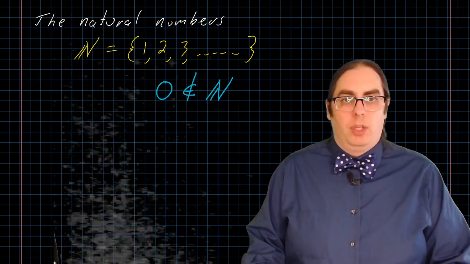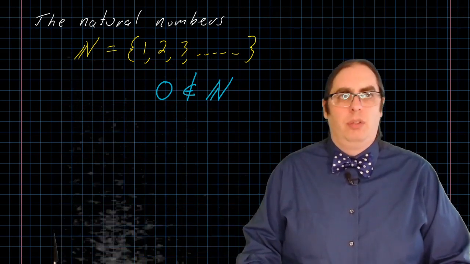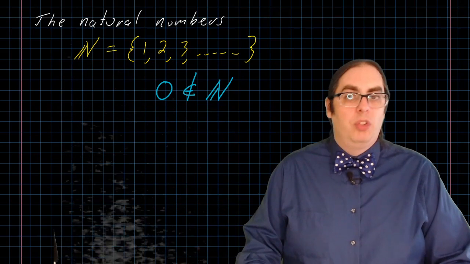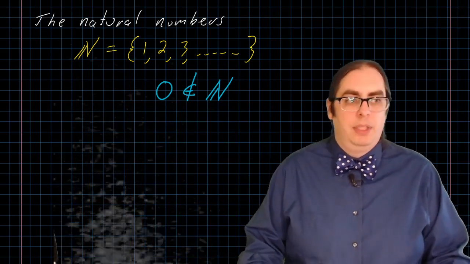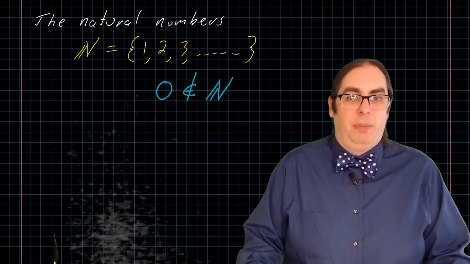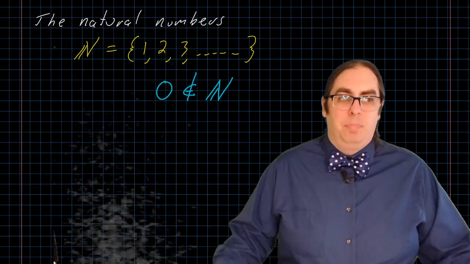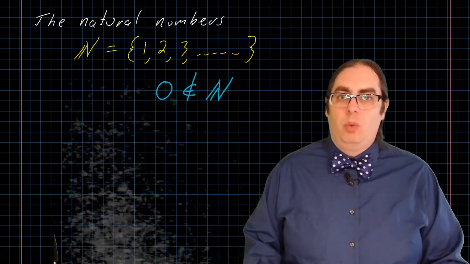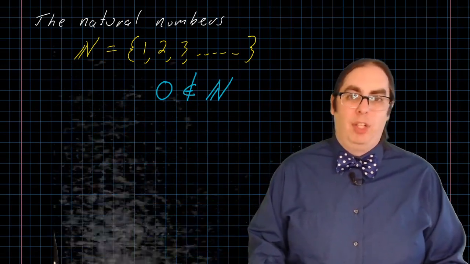So for those of you who are continuing onward, about 2/3 of the way through Calc 2, we're suddenly going to change our minds and we're going to say that 0 is a natural number. I'm not going to say much about it. It's just going to be a thing. We're going to accept it. We're going to move on. Just where it's useful, where it's not. And for today, it's a lot more useful to have it not.